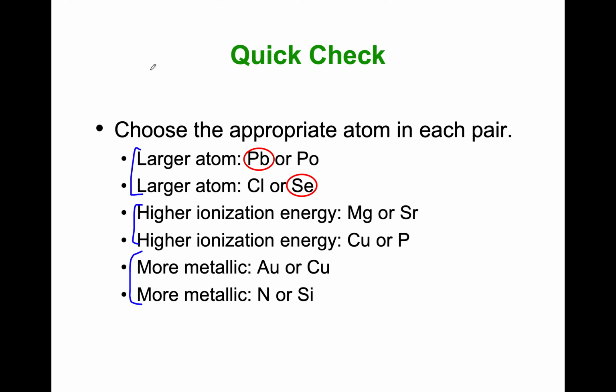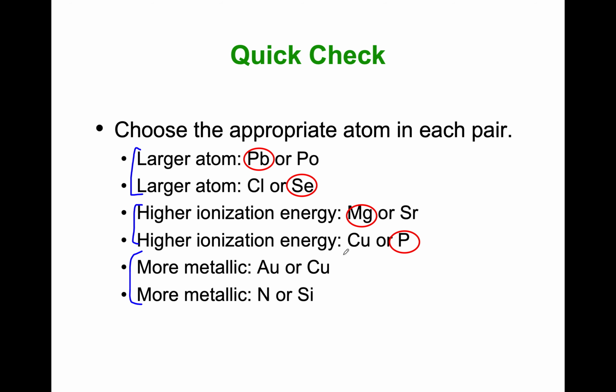Selenium's down and to the left. That follows increasing shells. That would be a bigger size. A higher ionization energy: magnesium and strontium are both group 2, but strontium's bigger. Okay, if strontium's bigger, it's easy to remove an electron. Magnesium's smaller, it's more difficult.